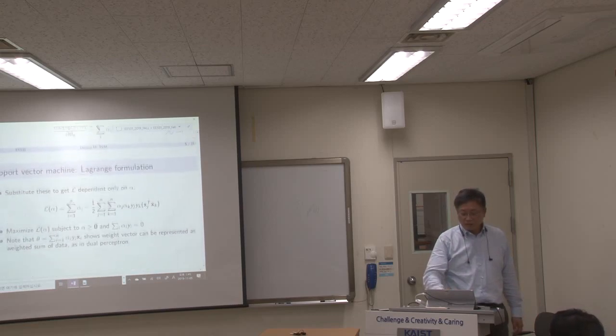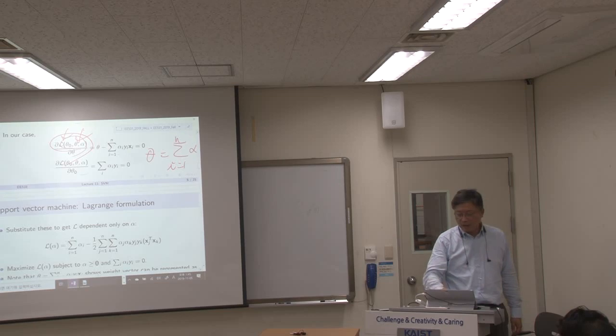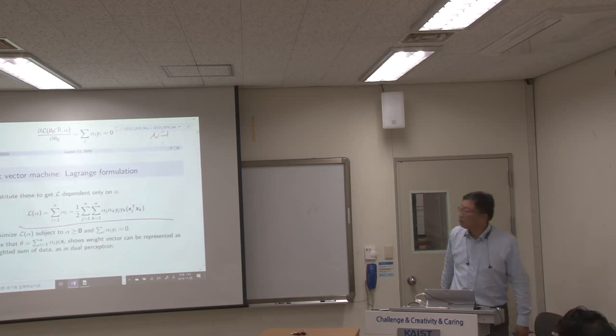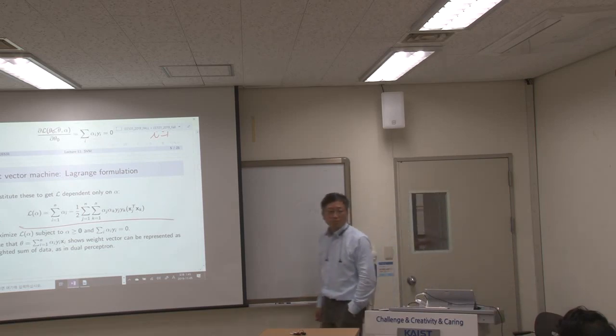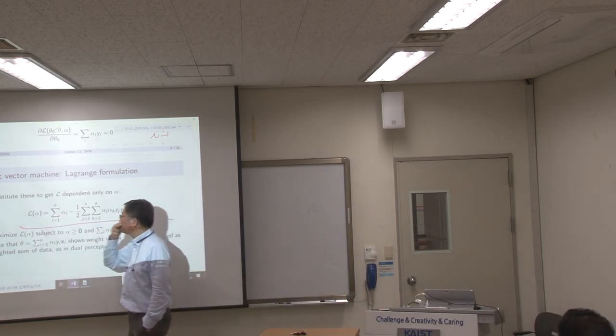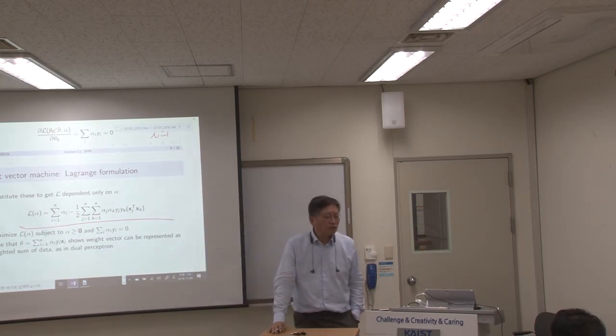And instead of this, the Lagrangian is a function of what? Theta 0 and theta, right? Substitute that in terms of alphas, and I get that equation right there, putting it into the Lagrangian. And what do I have to do with respect to this Lagrangian?